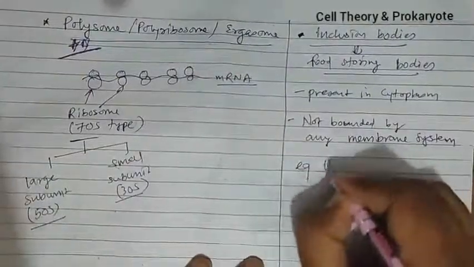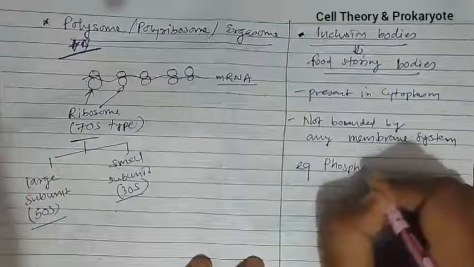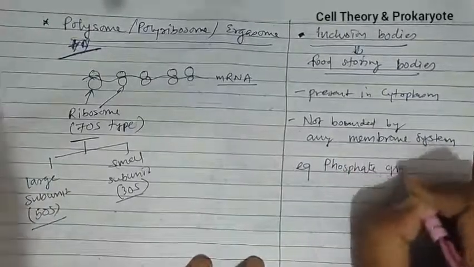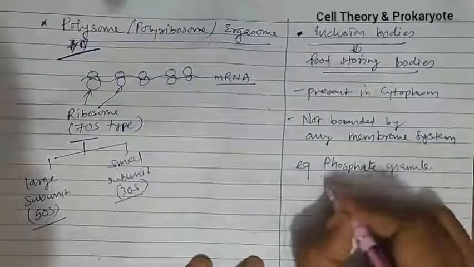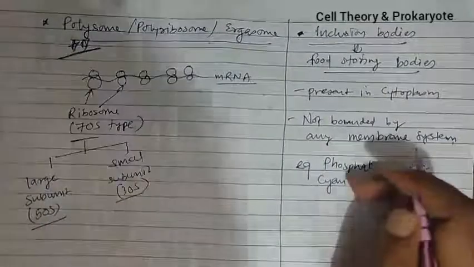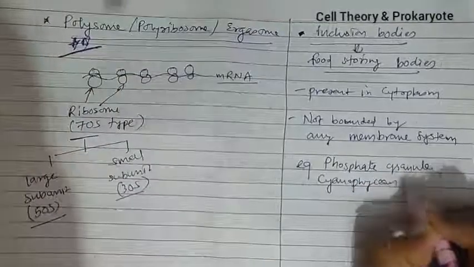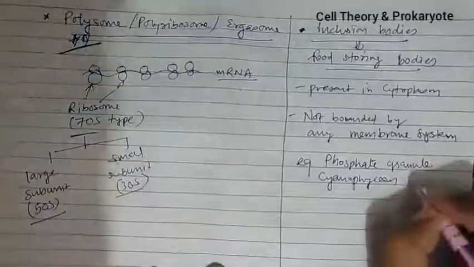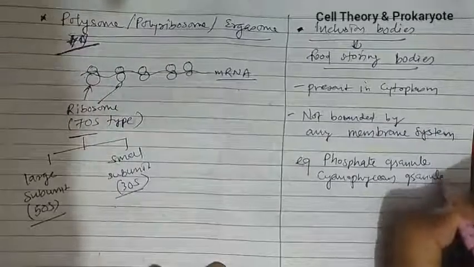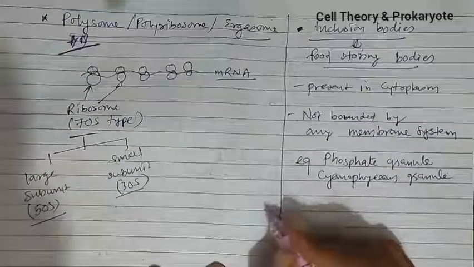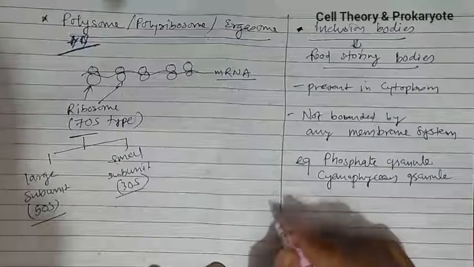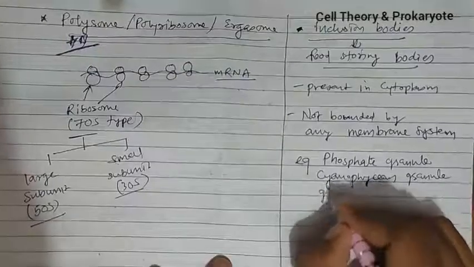If we talk about examples, then examples are the phosphate granule, cyanophycin granule, and glycogen granule.